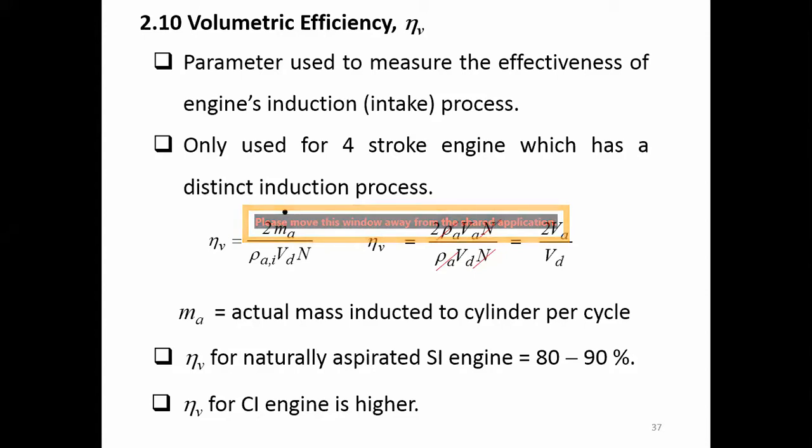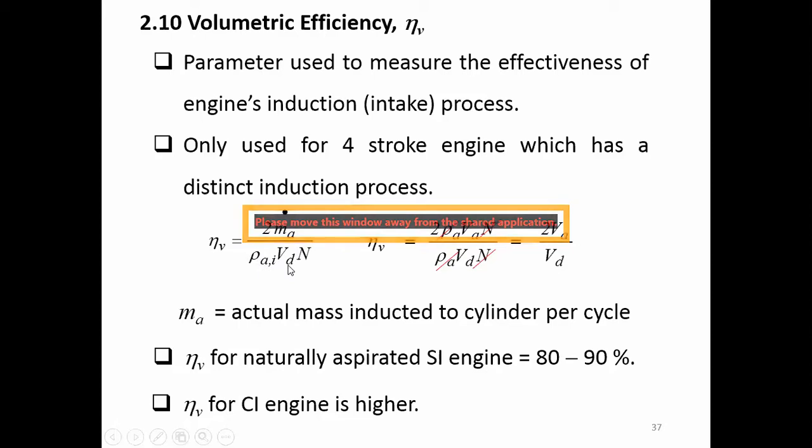And this parameter is defined by what? It's the actual air mass flow rate that flows into the cylinder, divided by what? Divided by the physical mass of the cylinders, right? That is, the density of the air times the displacement volume of the cylinder.